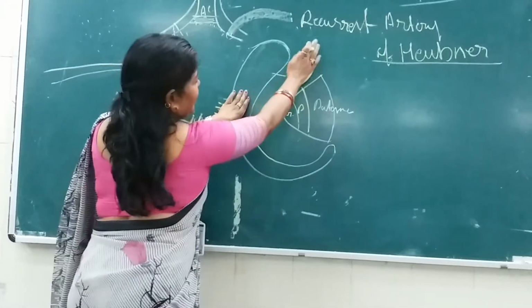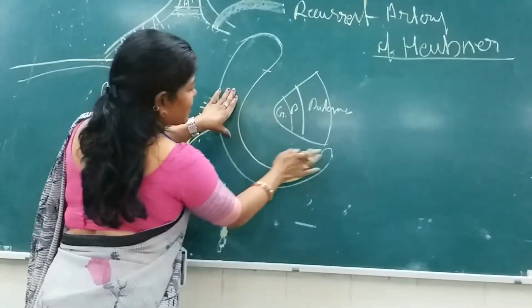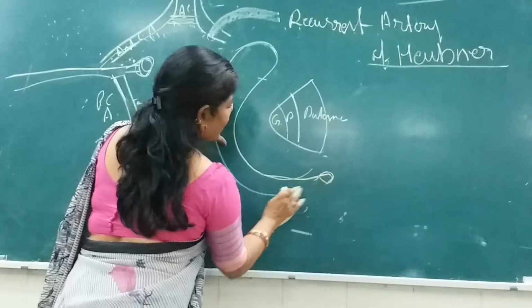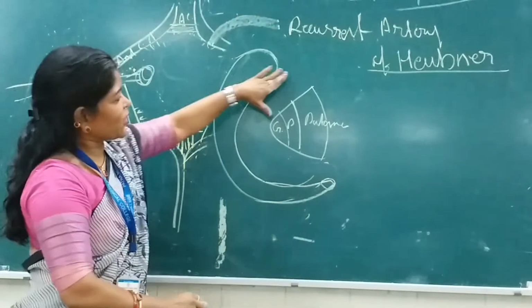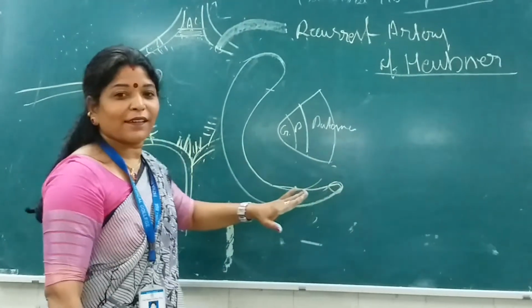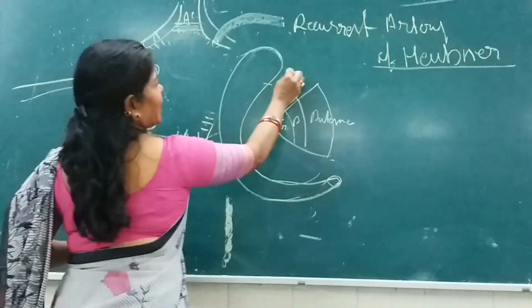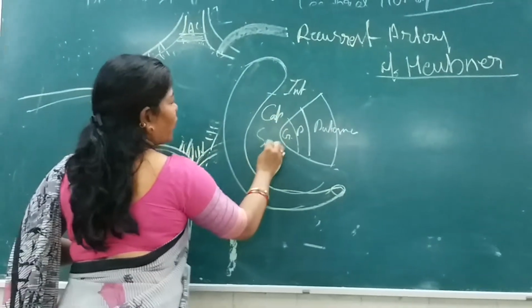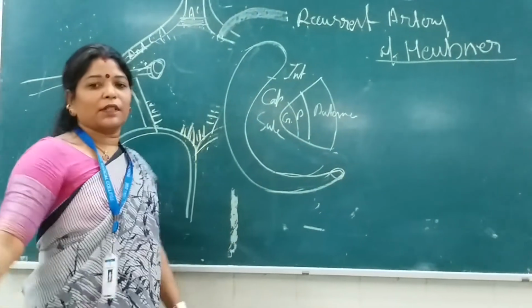Just lateral, a V-shaped area. What is this? Anyone? Yes, this is the internal capsule, a very important topic for UG and PG both.